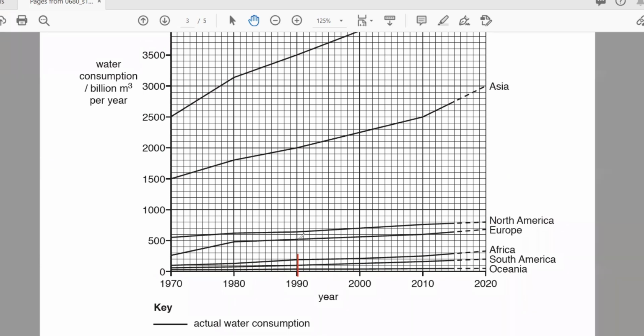At this level, you have to see how much the world total is here. That is 3,500, the total consumption of water by the world. From this, how much was Asia using? See here, 2000.